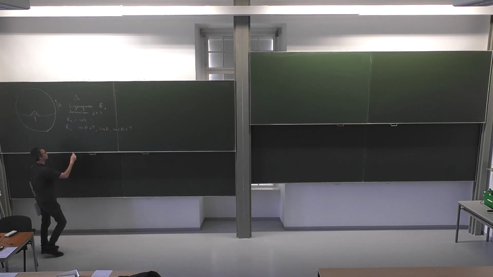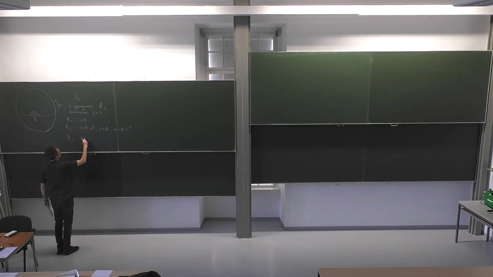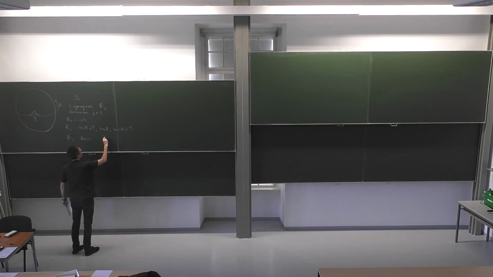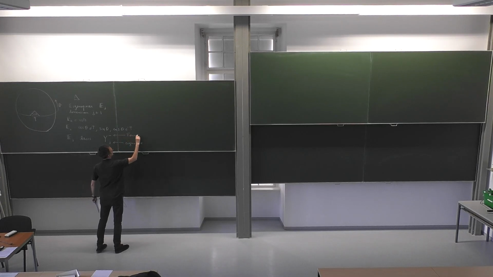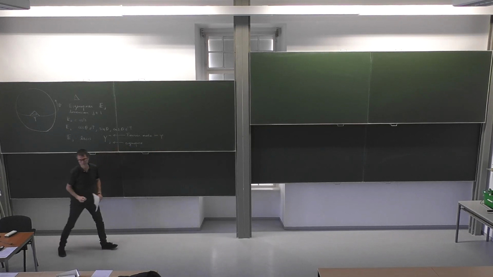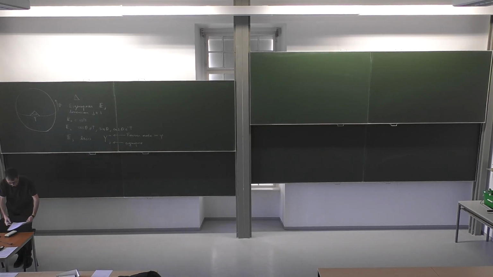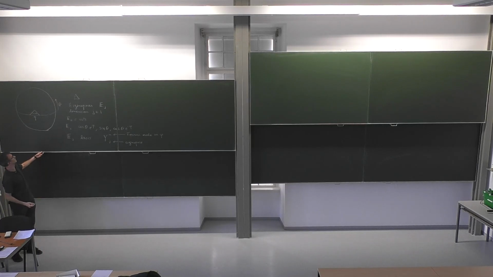And so it's true for the jth eigenspace as well. So a basis is provided by functions denoted Y_j^m, where j is the eigenspace number and m is the Fourier mode in phi. So this is classical, but it will play an important role, so I wanted to recall it.